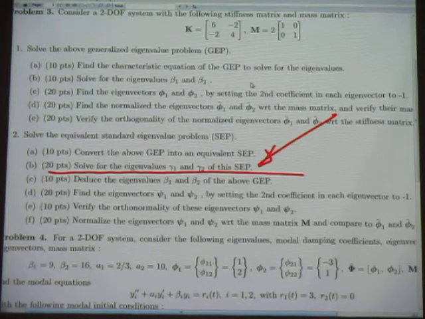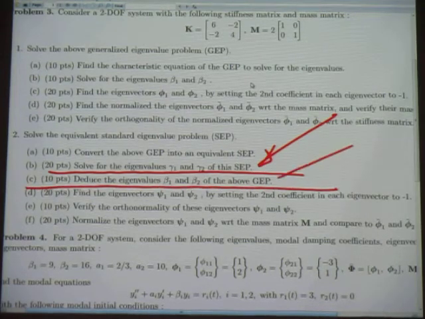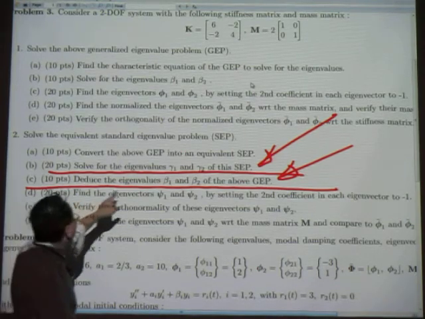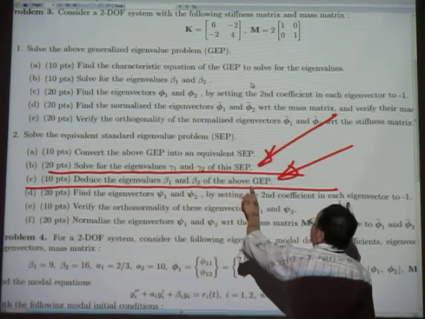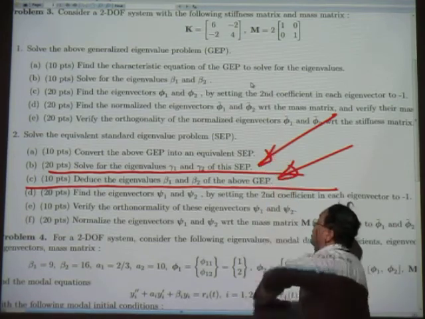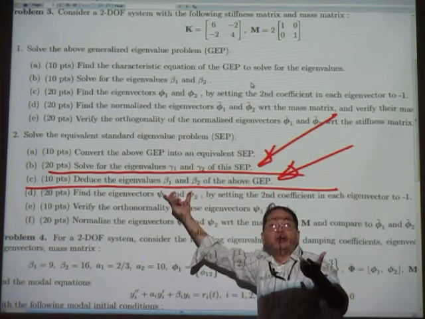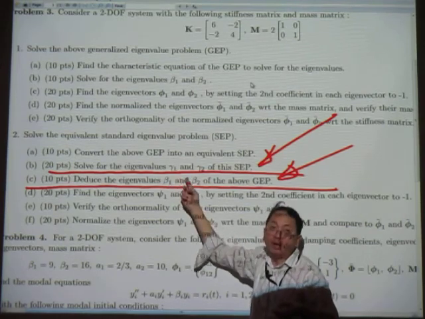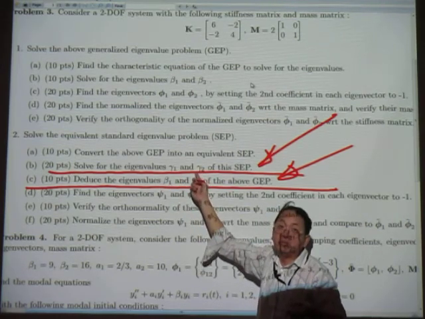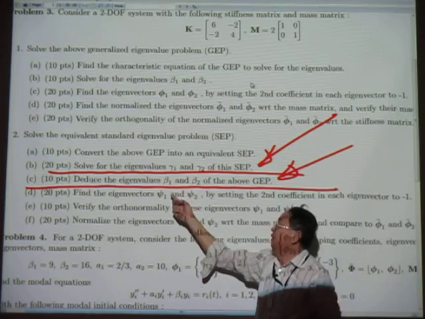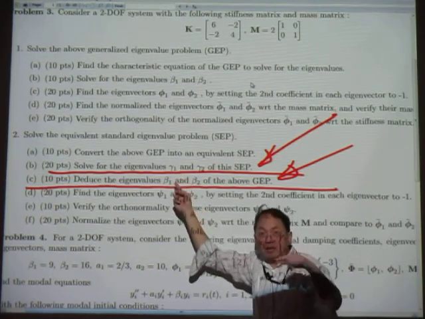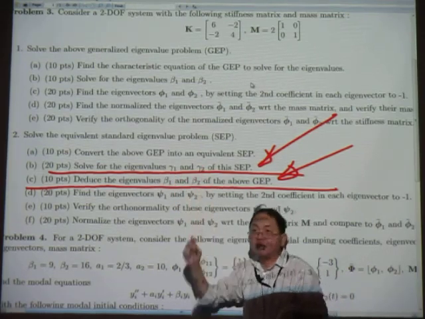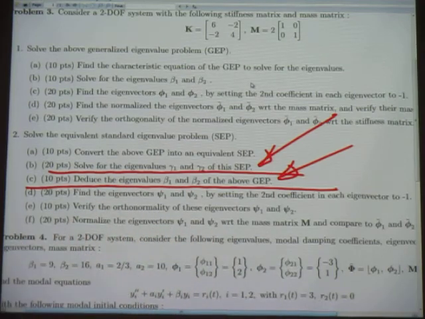In question C, deduce the eigenvalues beta 1 and beta 2 of the above generalized eigenvalue problem. If you use method 1, then beta 1 is equal to gamma 1 and beta 2 is equal to gamma 2. If you use method 2, then beta 1 is equal to gamma 1 divided by 2, and beta 2 is equal to gamma 2 divided by 2.